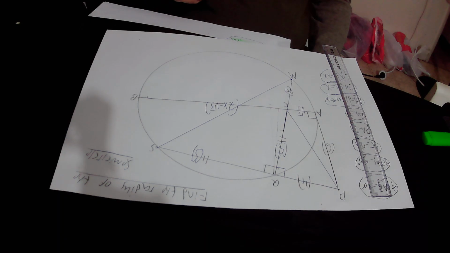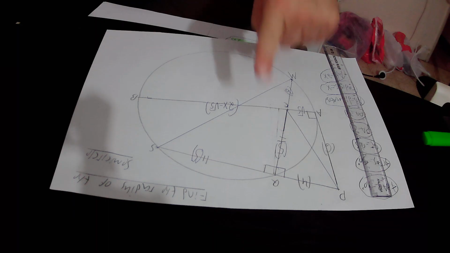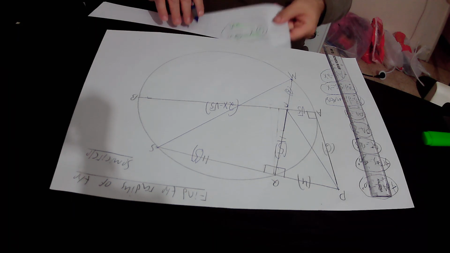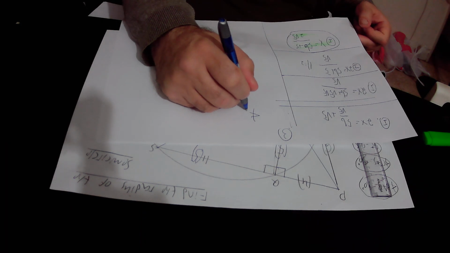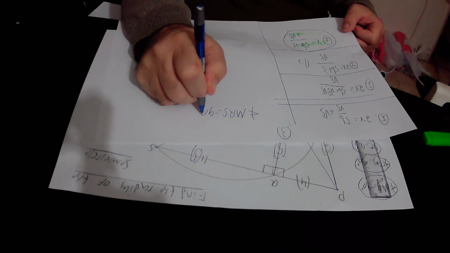So in the drawing we have peripheral angle MQS. This is peripheral angle MQS that is equal to 90 degrees. So I write it down. Peripheral angle MQS equals 90 degrees in its size.